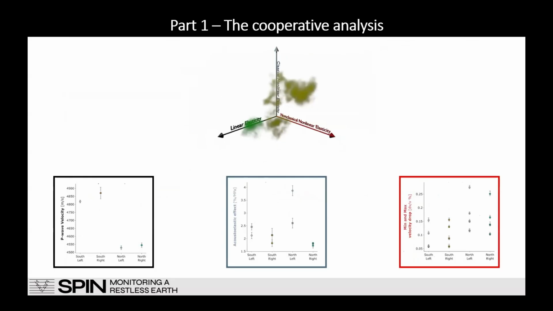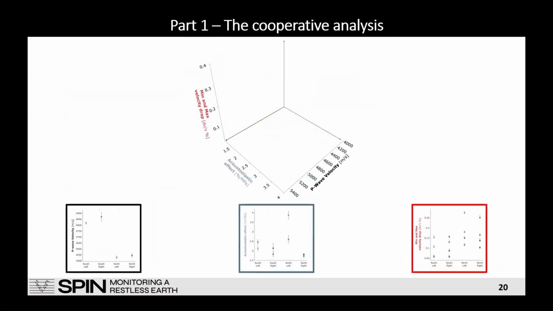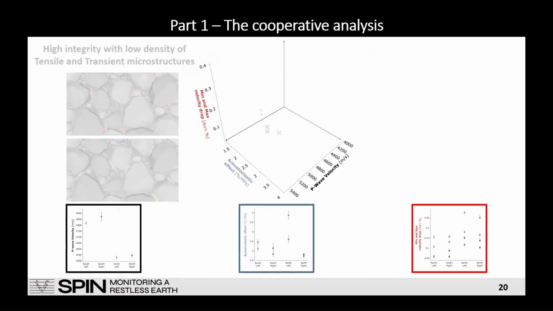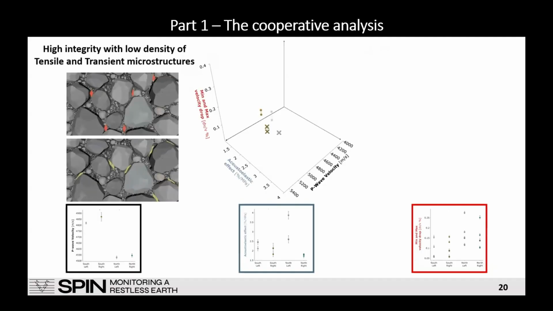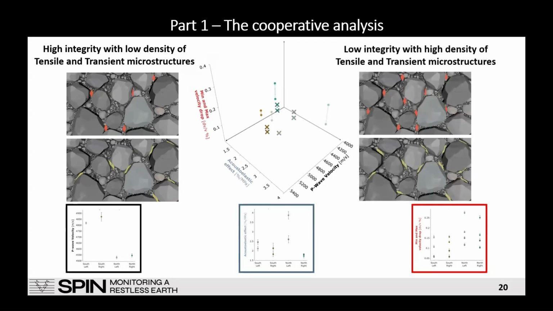So this concept that we describe in this way can be transformed into this one, where we can find the information here that corresponds to high integrity level and low density of transient and tensile microstructures, and this one here that corresponds to low integrity level and tensile and transient microstructures being more present in the structure.